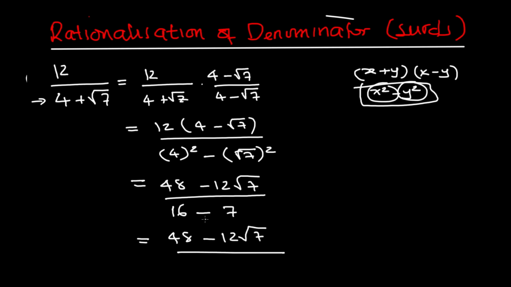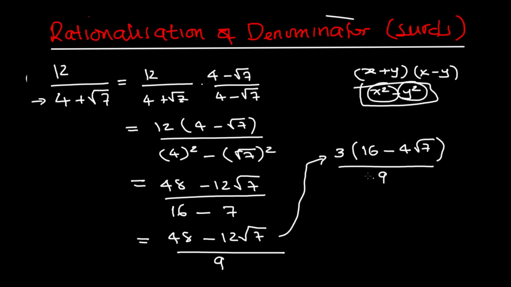And then we'll divide by 9 here. Okay. And so this can be simplified. I can bring out 3. It will give me 16 minus 4 root 7, like that, then over 9. So 1 here, 3 there. Right? So we get 16 minus 4 root 7 over 3.